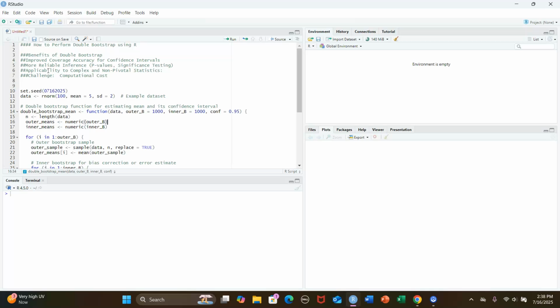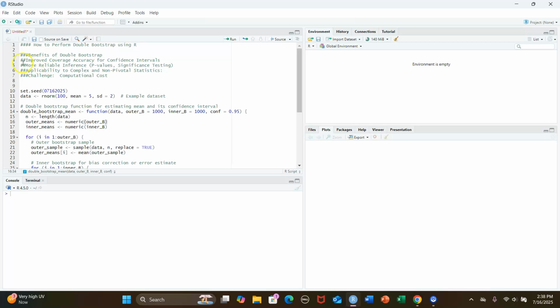The actual coverage, the proportion of intervals covering the true value, may not be exactly 95%. That's what we call the accuracy of a confidence interval. When you do double bootstrap, this will be closer to the nominal confidence level, 95% for example.